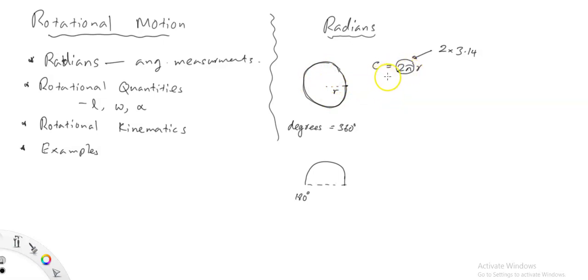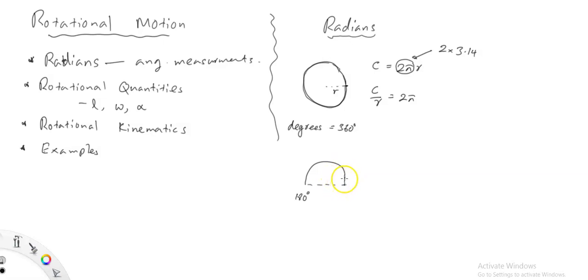Now if I divide C by r, I get 2 pi. Again, what is the speciality about this 2 pi term? What I'm doing here is I'm dividing this circumference by the radius.